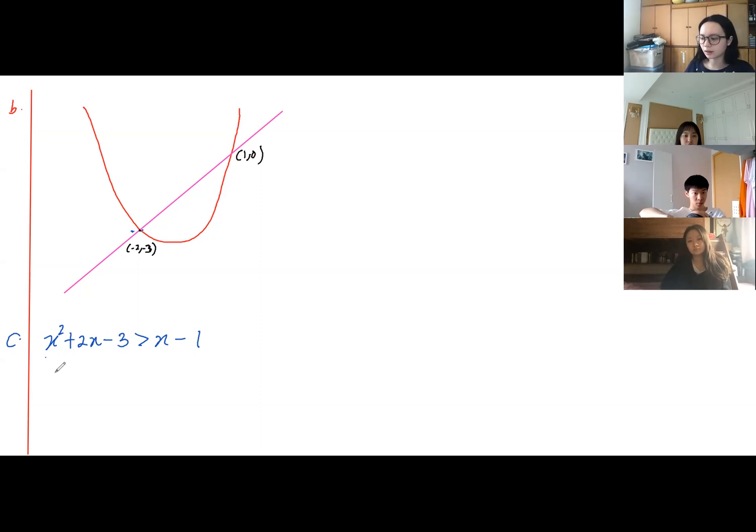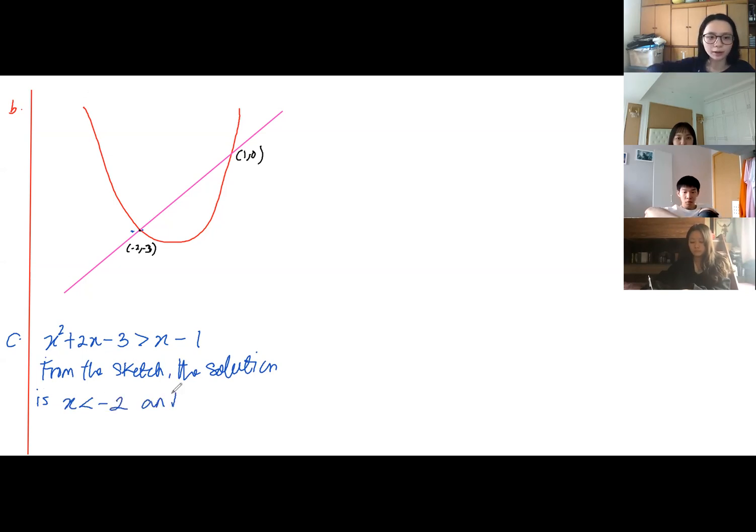Smaller than -2. So from the sketch, just a minute. The solution is, yes, Lillian? x smaller than -2 or x greater than 1.